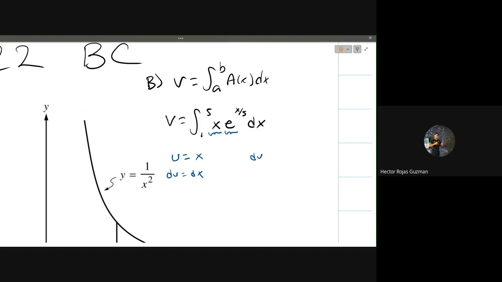And then dv should be something you can integrate. It might require u substitution, but hopefully you can do it without it. It's going to be itself times something, times 5. So then our integration by parts is uv minus the integral of v du.